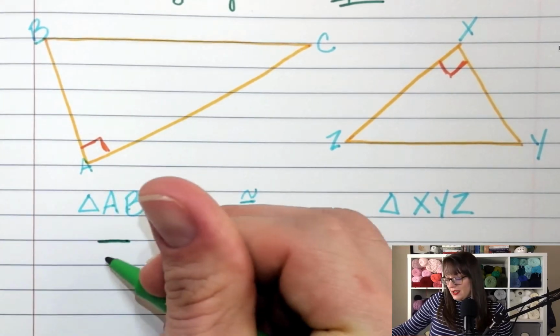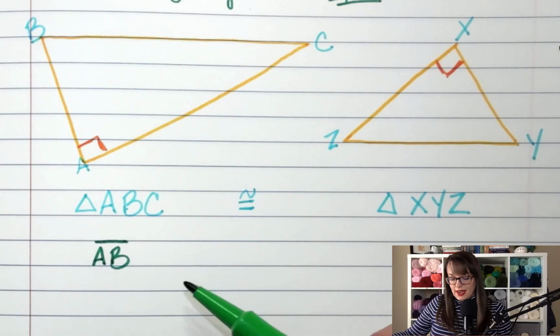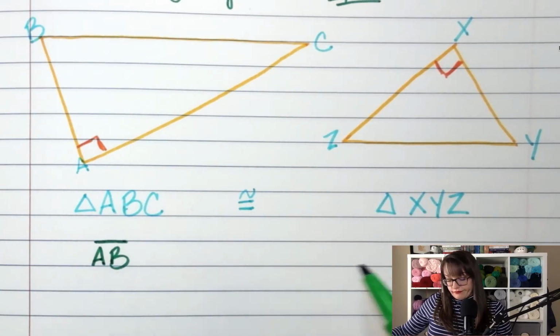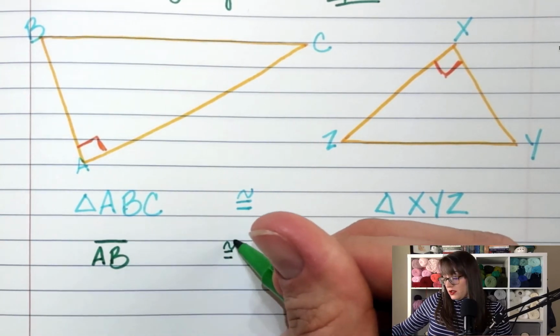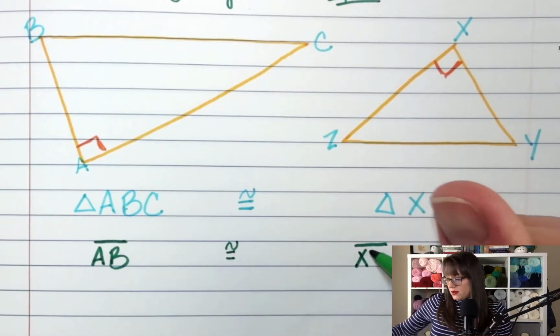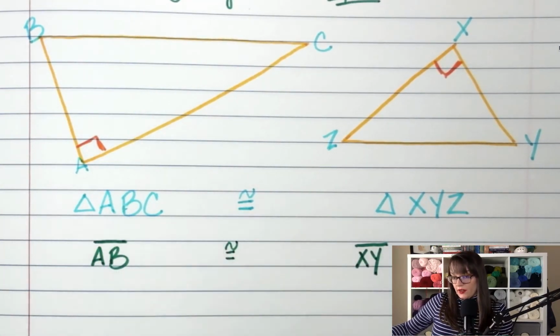So line AB is similar to line what? What two letters match with AB in that order? X, Y. Because AB are the first two letters, X, Y are the first two letters.